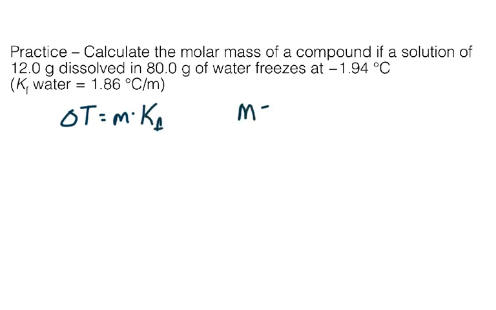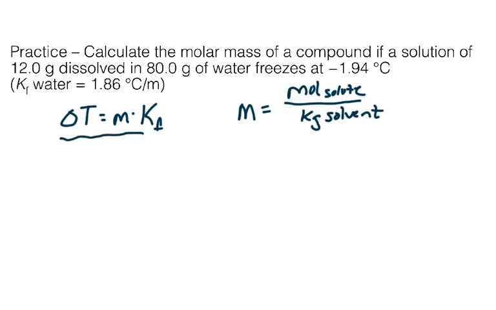Remember that molality is moles of solute divided by kilograms of solvent. And I don't know the molar mass of my solute. But I can solve this for my molality. I know my grams of solvent, I can find kilograms. Then I can find my moles. Then I can take my grams divided by my moles to get my molar mass.